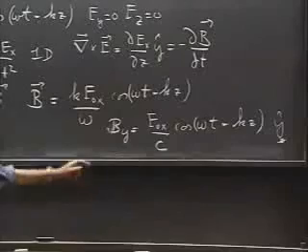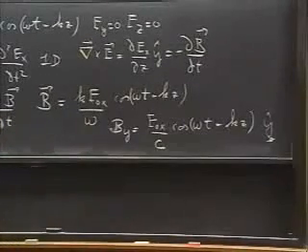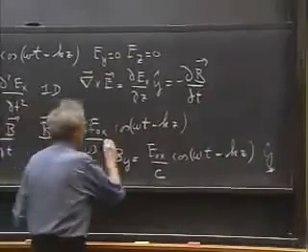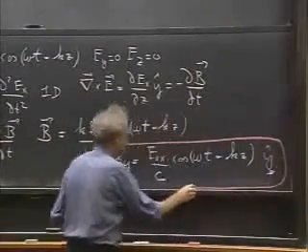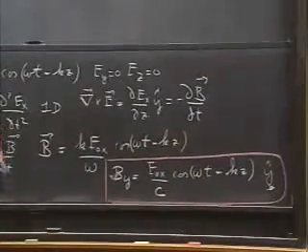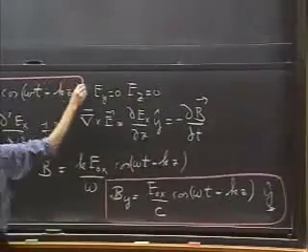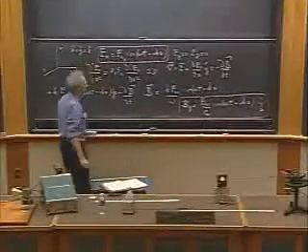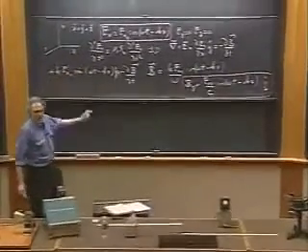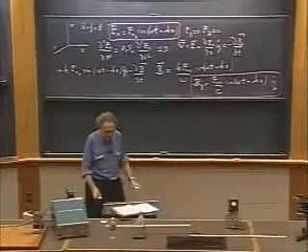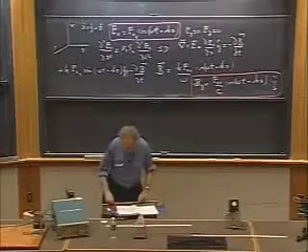But of course, the By already indicates that. And so now you have found the B field that is associated with this E field. As I used to say, and I said earlier, one is the other. One cannot exist without the other.